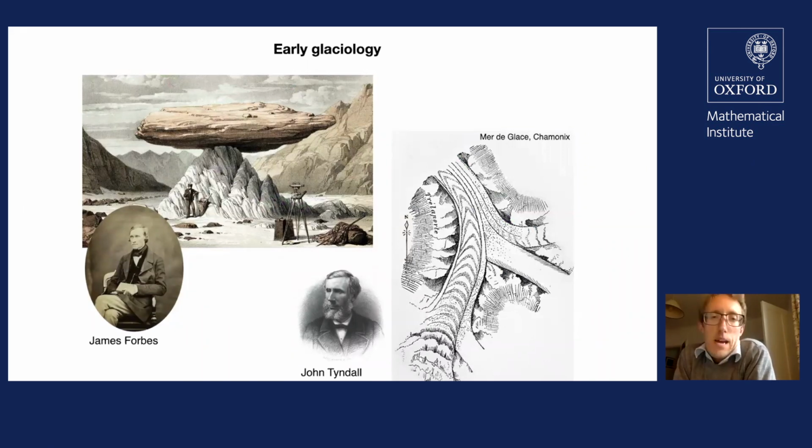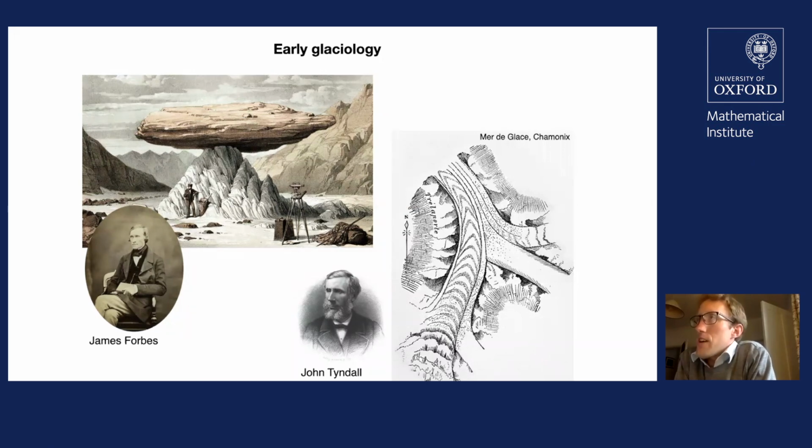This first started happening in the 19th century, and it was actually mostly Victorian gentlemen who were enjoying going to the Alps in the summer to do mountaineering, which was sort of taking off those times. And they obviously saw lots of glaciers, and they got interested and started having quite a lot of arguments about how the glaciers were working.